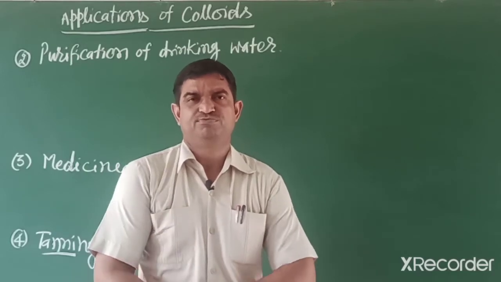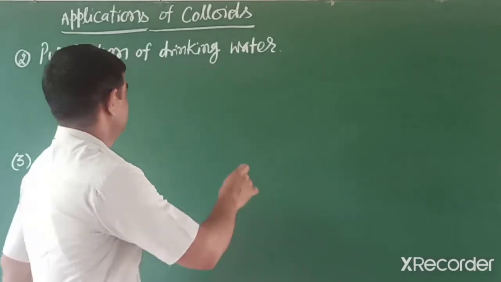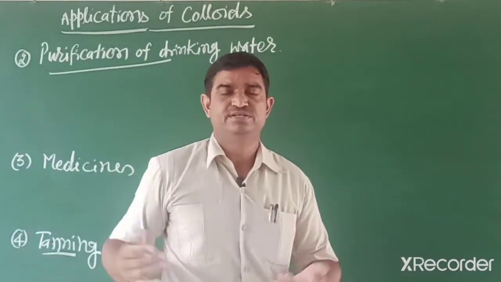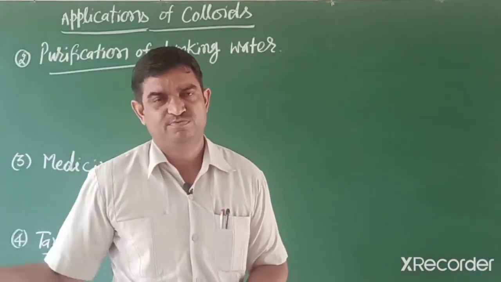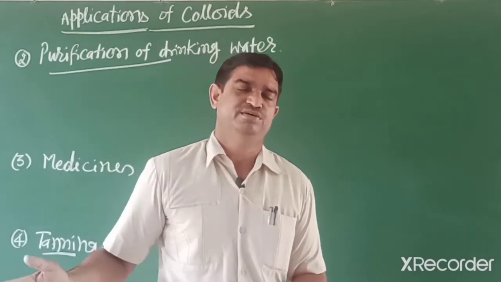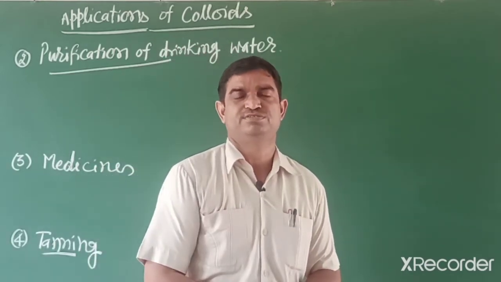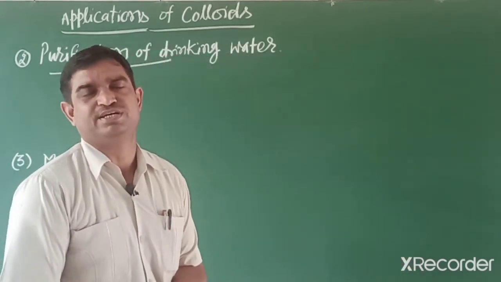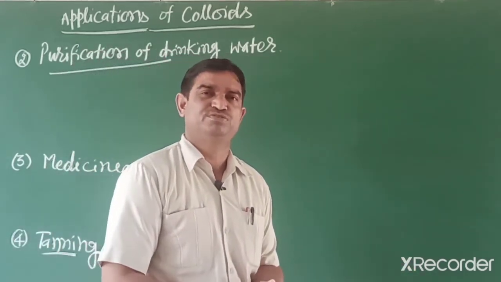The next application of colloids is purification of drinking water. Students, we take drinking water from other areas, from the rivers, and at first we store it, then pass it to an overhead tank and then supply it to homes.